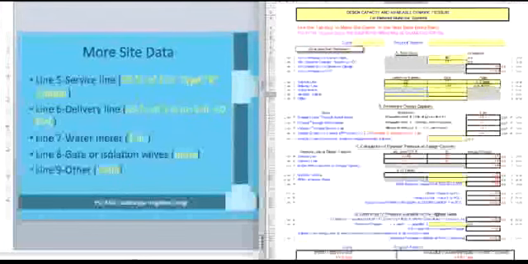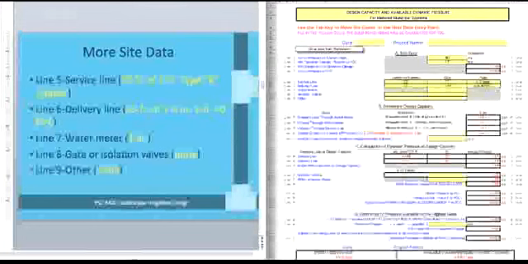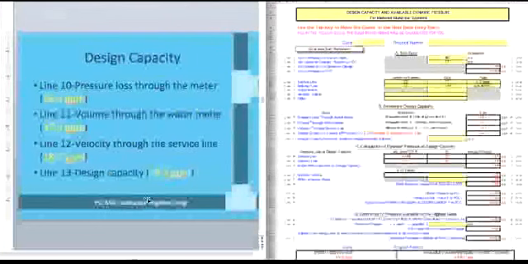All right, now moving on to the next lines. Line 10 calculates the pressure loss through the water meter. And I want to go over these, even though they've already been calculated, because they're based on a couple of rules of thumb that you want to keep in mind. So pressure loss through the water meter is considered in this way.